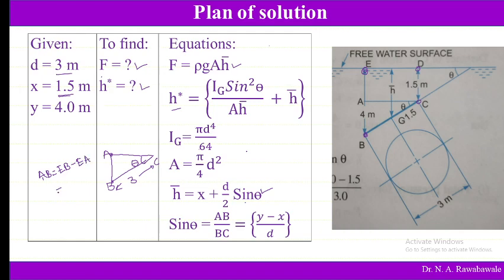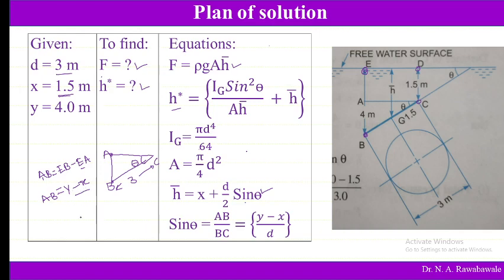Now we can see EB is nothing but Y, and EA is equal to CD, and CD is nothing but X. So distance AB is equal to Y minus X. So Y value we know, X value we know.